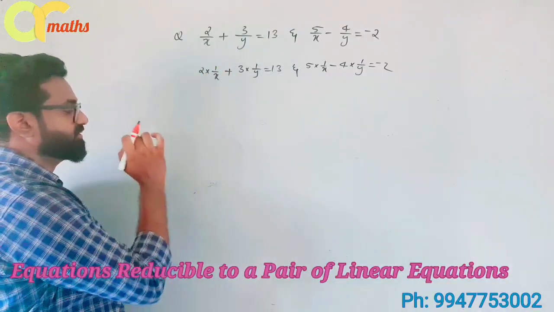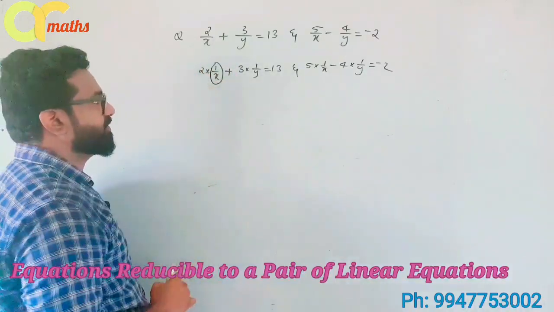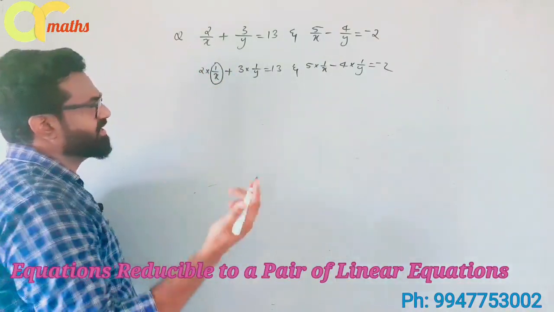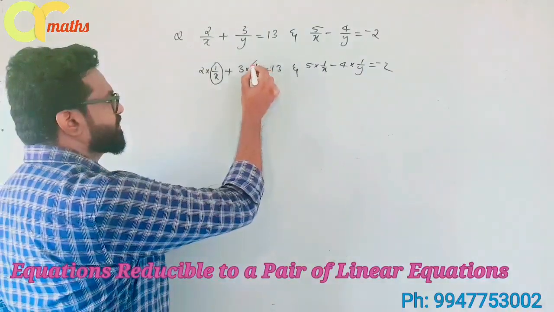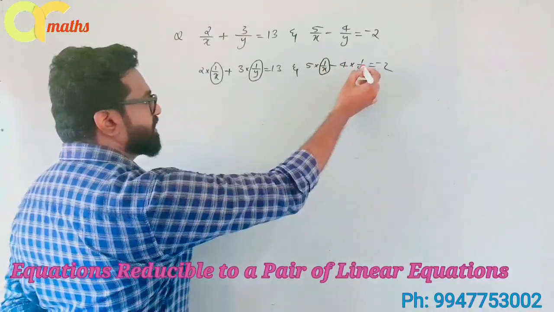Ready? It is very complicated to find the solution of this linear equation because this is divided by x. Okay. So here just substitute any letter for 1 by x, any letter, and substitute any letter for 1 by y. Ready? You can substitute any letter.